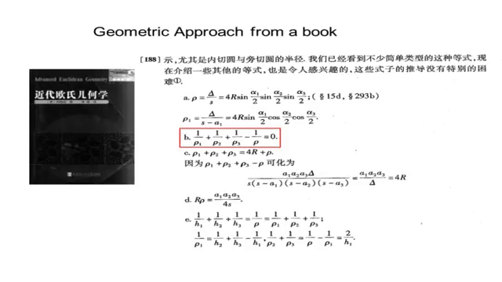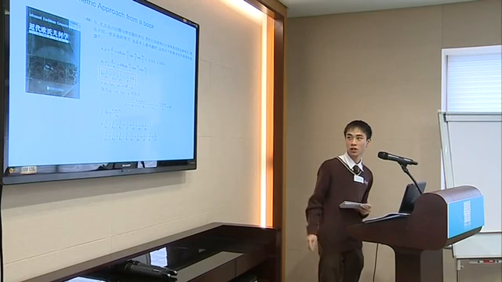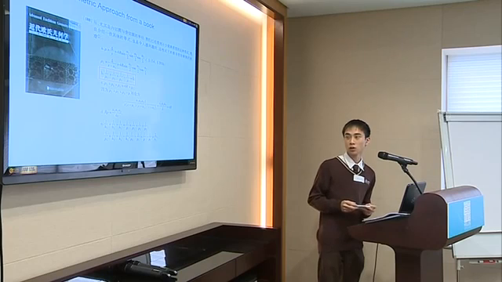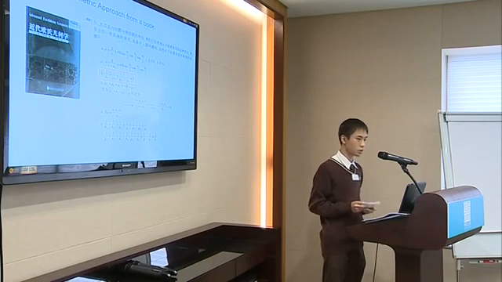Next, we will start with the geometric approach from a book. The book Advanced Euclidean Geometry has inspired us to construct a geometric model about this conjecture, using the relationship between the radius of the inscribed circle and the radii of the external circles of a triangle.